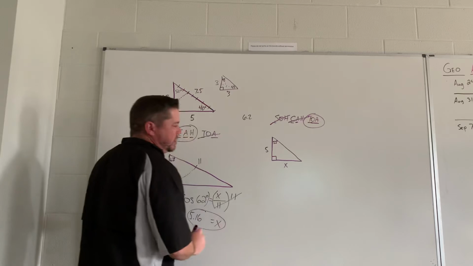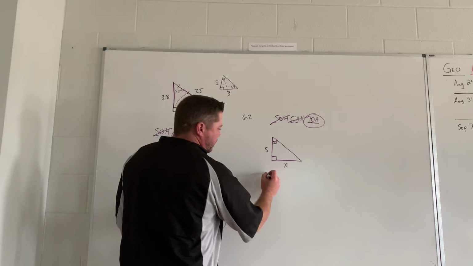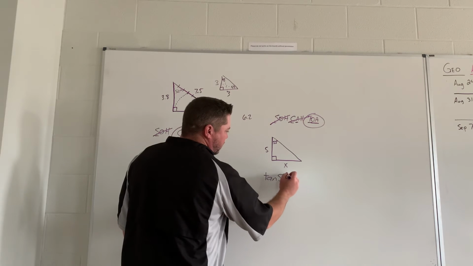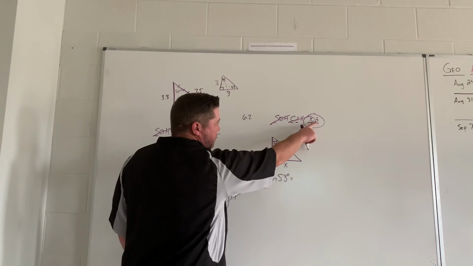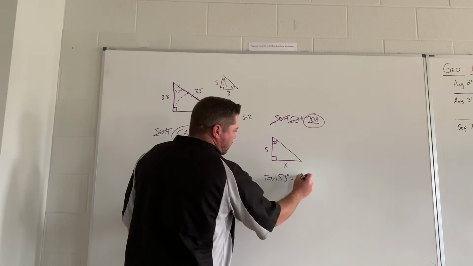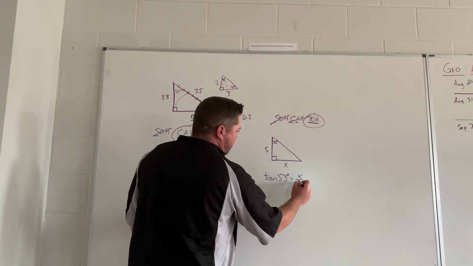So I'm going to use tangent in this one. So the tangent of my angle, 53 degrees, is going to be equal to the opposite divided by the adjacent.